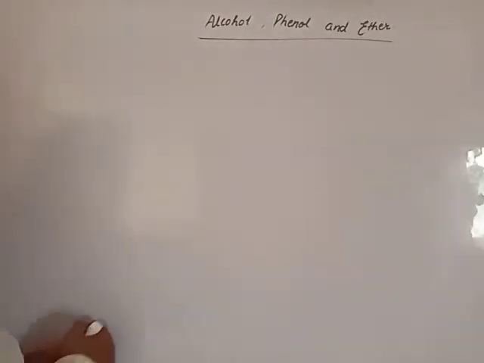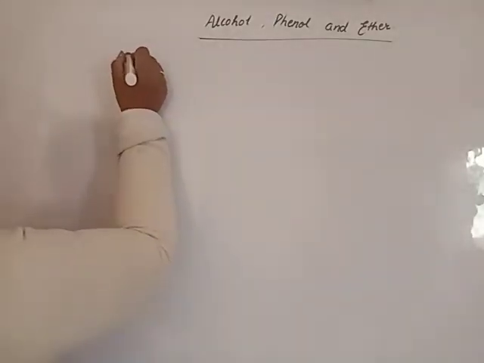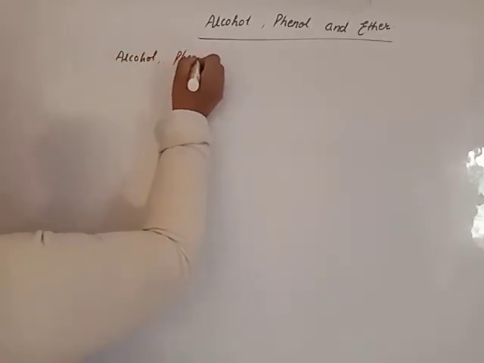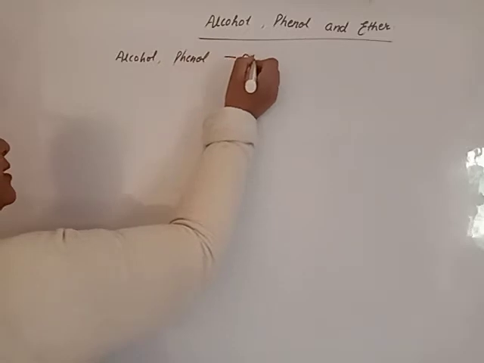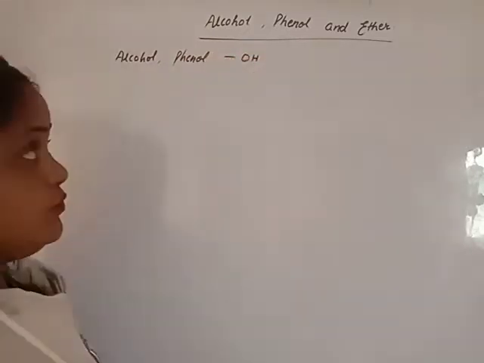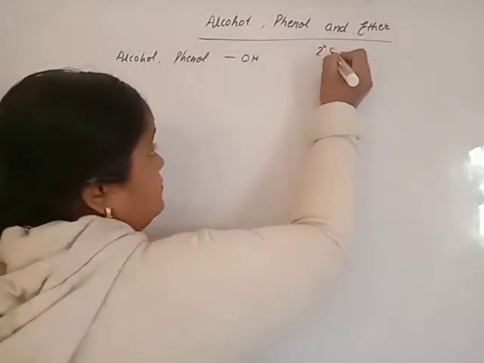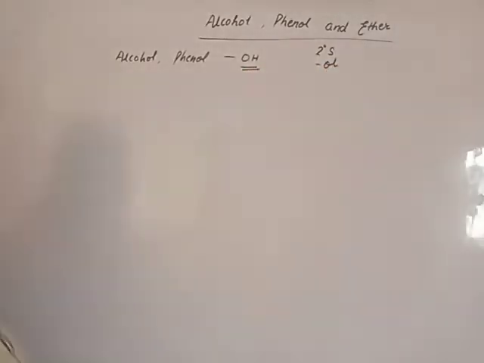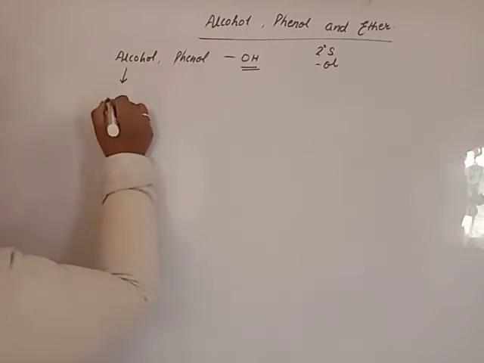Functional group of alcohol and phenol is OH. We use the secondary suffix "ol" for OH. Clear?